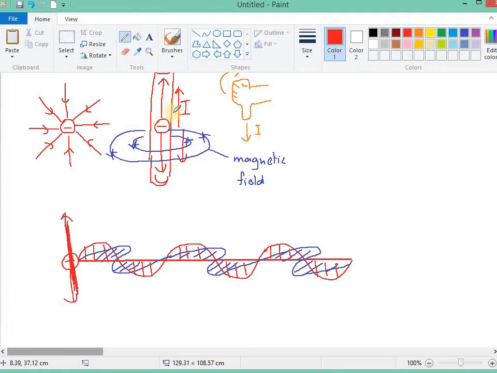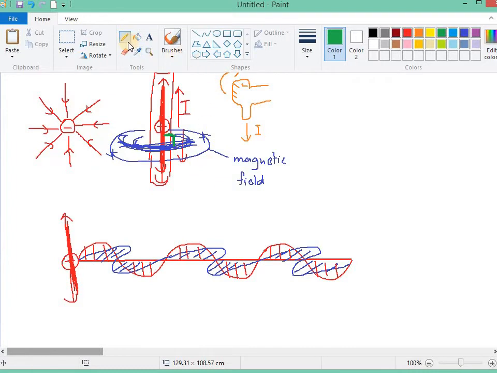This is the direction of oscillation of the electron. So the electric field will oscillate up and down, and the magnetic field oscillate like this, left, right, left, right. They are perpendicular to each other. The magnetic field and the electric field oscillate at right angle to each other.